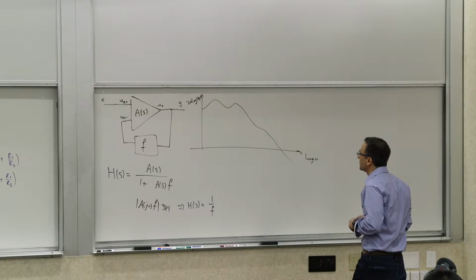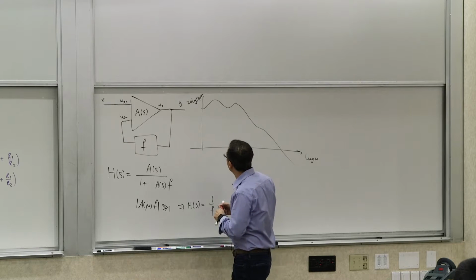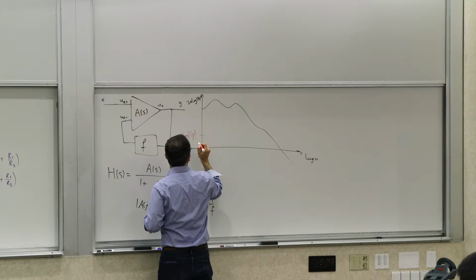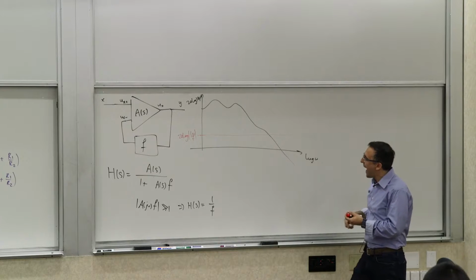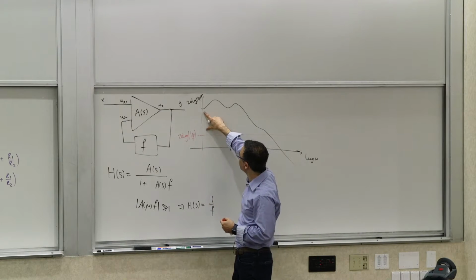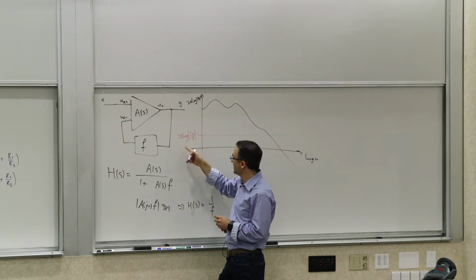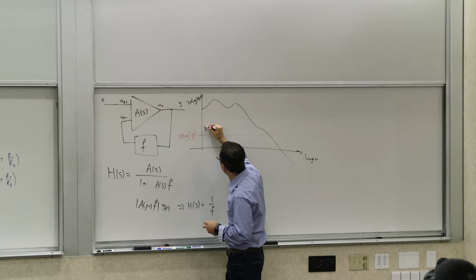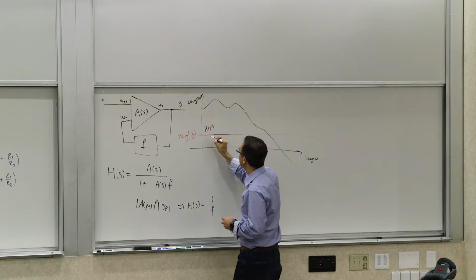Let's say 20 log of 1 over F is somewhere here, some constant. At frequencies where this difference is large, which needs to be the case for this to be true, your response H of j omega, or more precisely 20 log of that, is going to be like this. It's going to be essentially 1 over F.